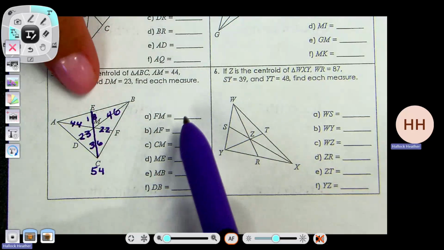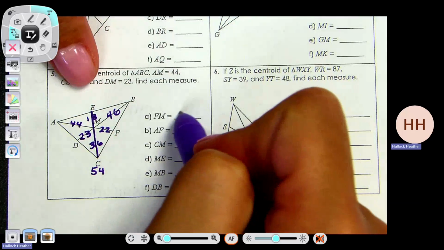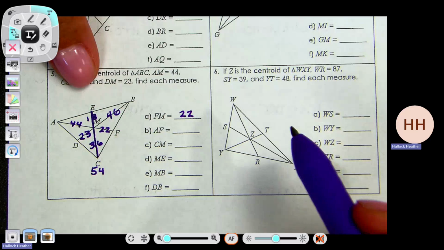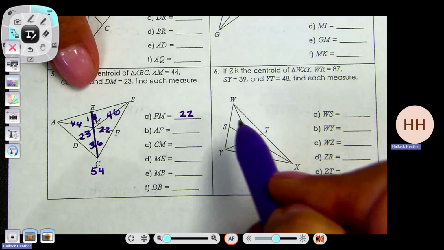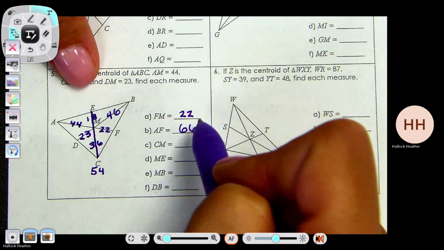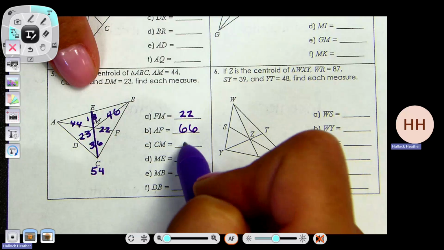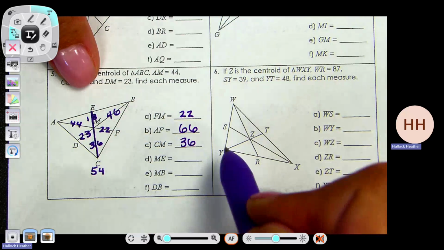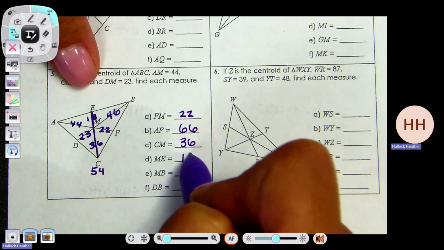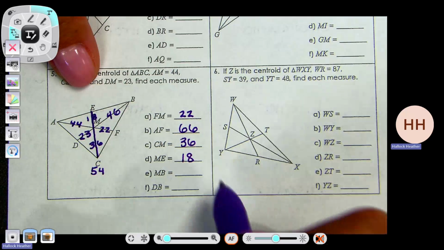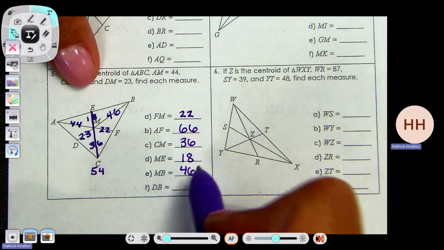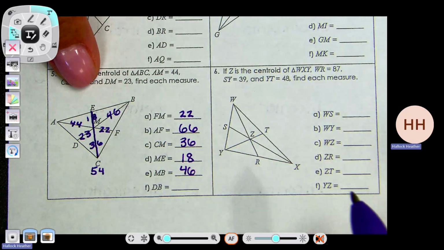So F to M is 22. A to F is 66. CM is 36. ME is 18. MB is 46. And DB total is 69.